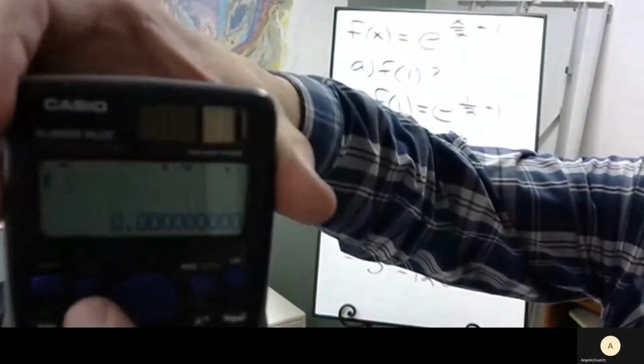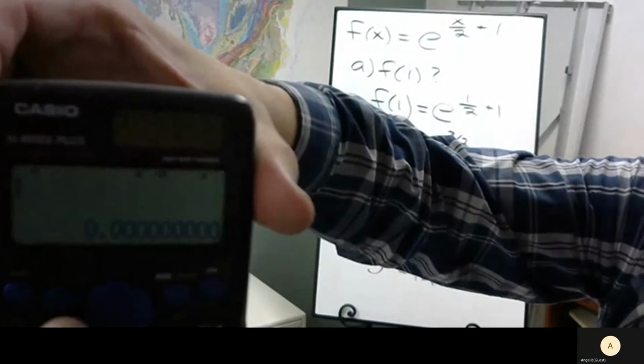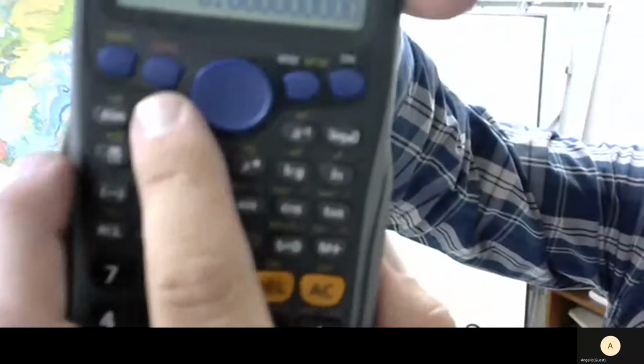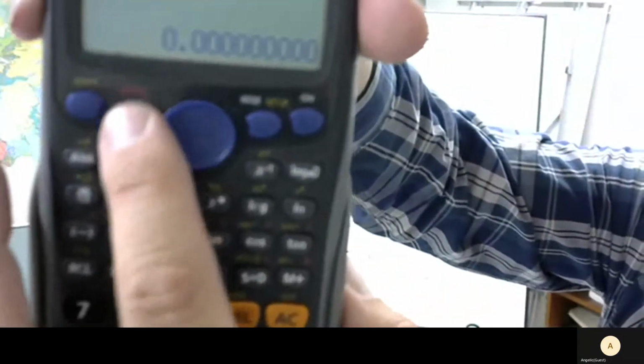For me to get to that E symbol, I have to first hit this alpha button at the tip of my finger here. So I'm going to hit alpha, then I come back down to that times 10 with that red E. So I'm in alpha mode or red mode. I hit that, and then you have an E there.